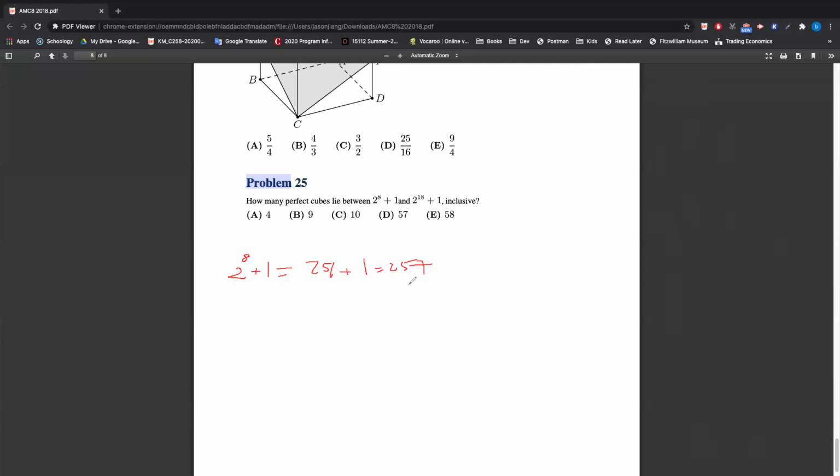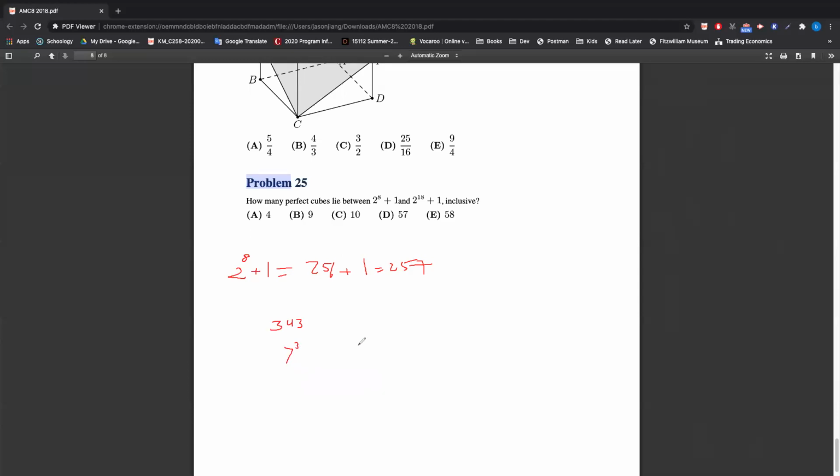This is probably a natural way you might approach it, just trying to calculate the smallest cube, the biggest cube, and see how many are in between. So the smallest cube larger than this would be 343. That's 7 cubed.